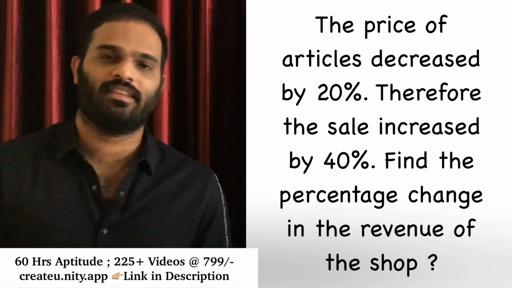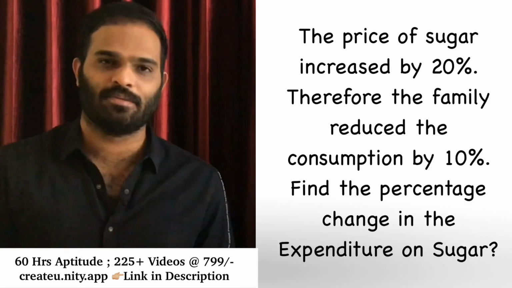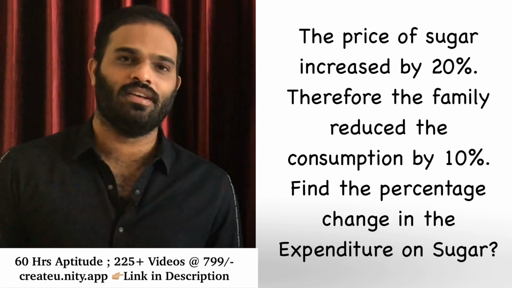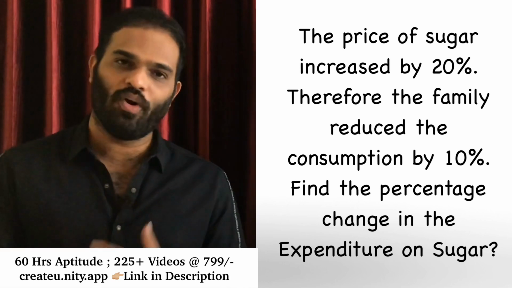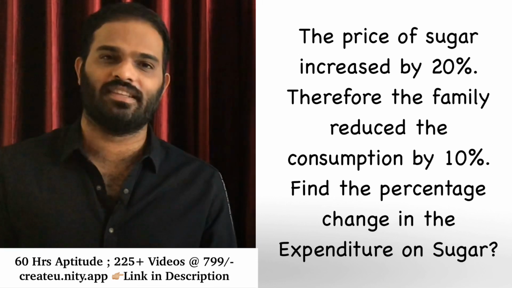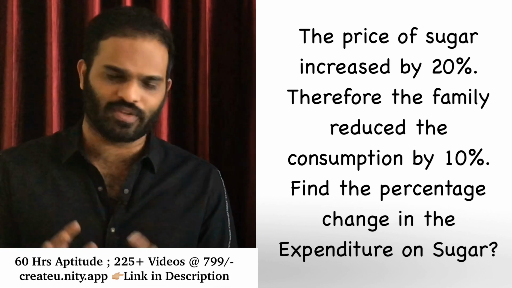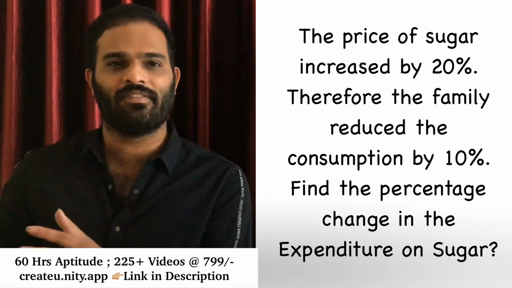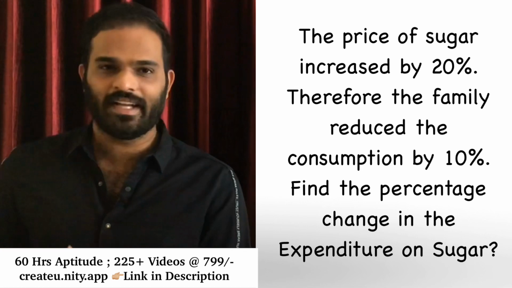If you get a question like, the price of sugar has increased by 20%, so the family decreased the consumption of sugar by 10%, what is the overall change in the expenditure of the sugar? I need not know what is expenditure, what is price, what is consumption. It's all okay for me. He said the price of sugar increased by 20%, so the family decreased the consumption of it by 10%.